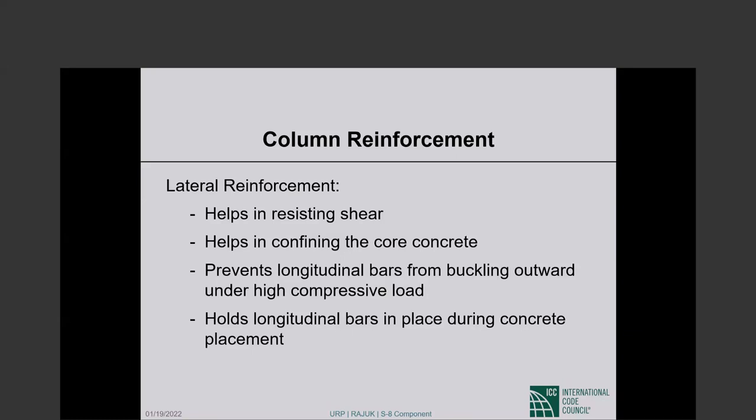One very, very important thing that the lateral reinforcement does is to confine the concrete, particularly if the lateral reinforcement is closely spaced. And in seismic applications, that is an extremely important role. If you confine concrete, particularly tightly, it gains strength, but that is not the main thing.